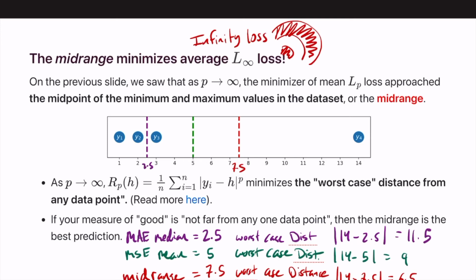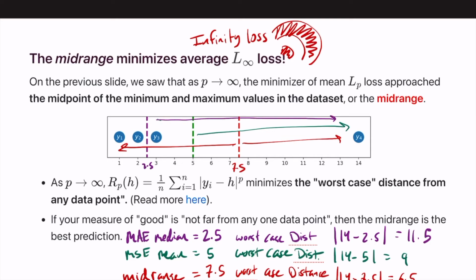So the worst case distance for the mid-range is 6.5, right? Because we know that the mid-range is the middle point between your two most extreme values in your data set. Whereas the mean's greatest distance is going to be to this outlier, and the same thing for your median as well. Those are the worst cases.